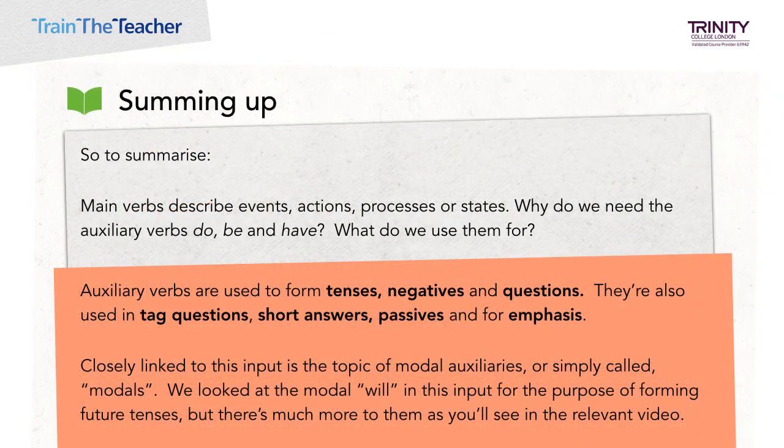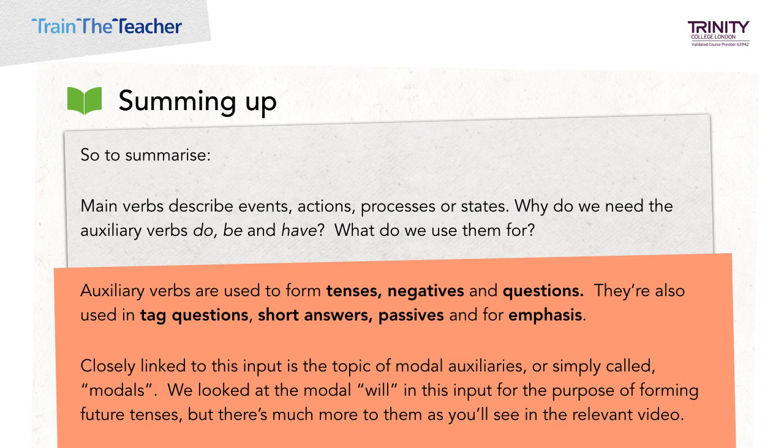So to summarize, main verbs describe events, actions, processes, or states. Why do we need the auxiliary verbs do, be, and have? What do we use them for? Auxiliary verbs are used to form tenses, negatives, and questions.